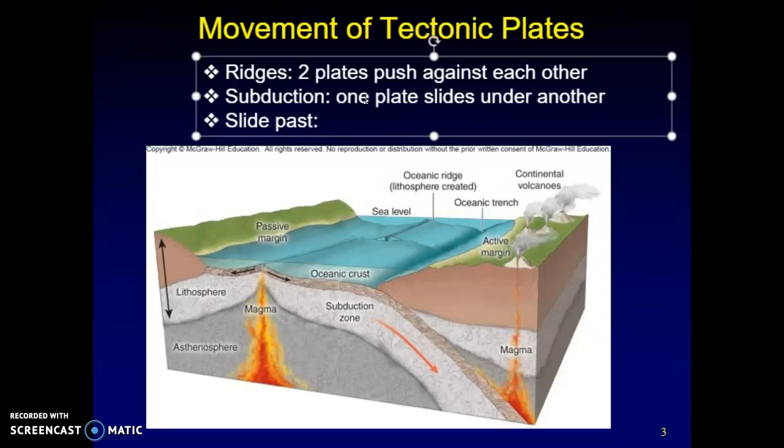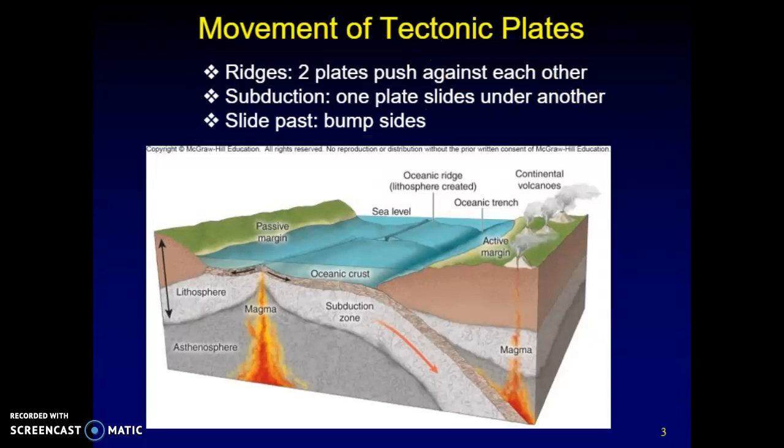The ocean plate slides under and gets buried underneath the land plate, and we're never going to see what was on it. And when plates slide past each other, bumping sides and rubbing against each other, this is what can lead to earthquakes. How hard they rub and the friction that creates dictates the magnitude of the earthquake.